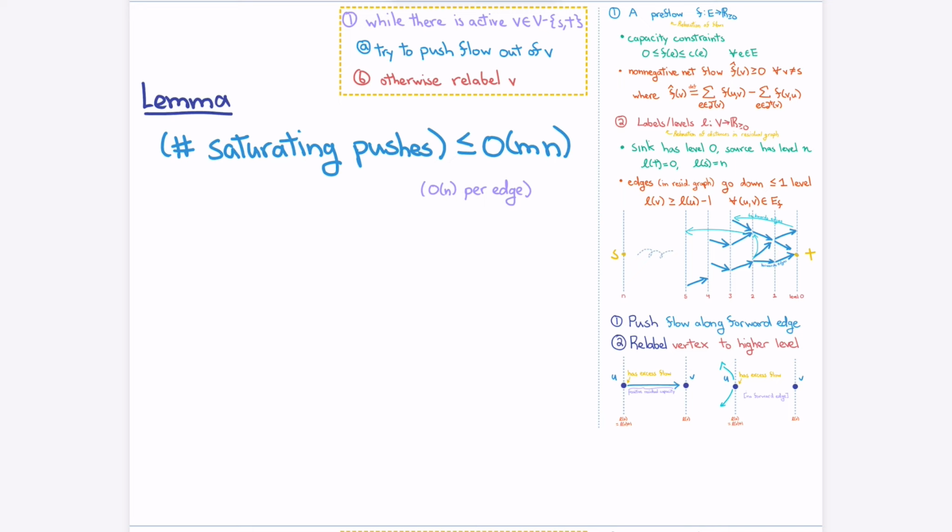The claim is that the number of saturating pushes, so I'm trying to send flow on this edge, and this edge is limiting how much I can send. So I use up the entire edge. And we're saying that the number of times this can happen is at most mn total, or really, for a particular edge, I can only use it up n times.